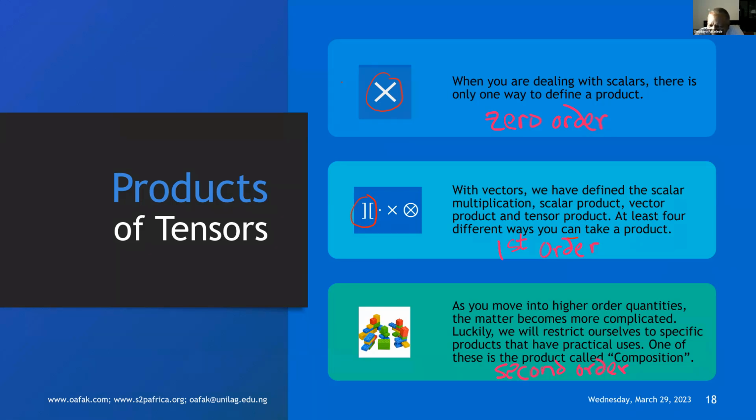And I will define how it works right away. What is important is that we have proved that the word product is only unambiguous when you are dealing with scalar quantities. When you are dealing with higher order quantities, the word product is ambiguous. And because it's ambiguous, you are compelled to specify what product you have in mind if you ask for product.